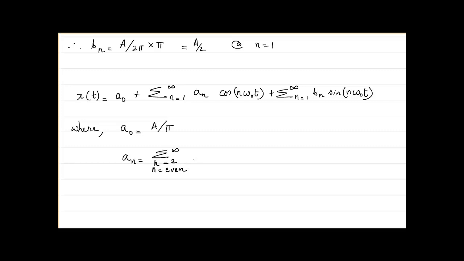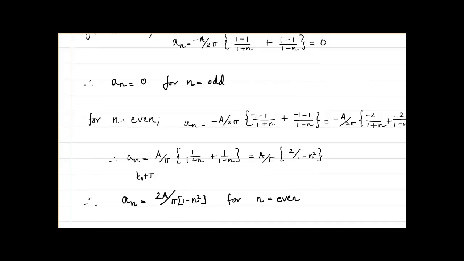If we look at only the even values, we got the answer as 2a divided by pi into 1 minus n square.